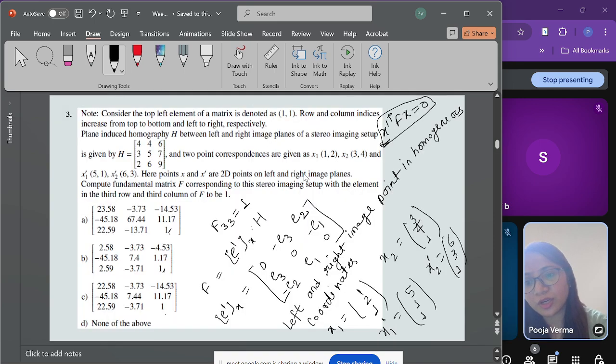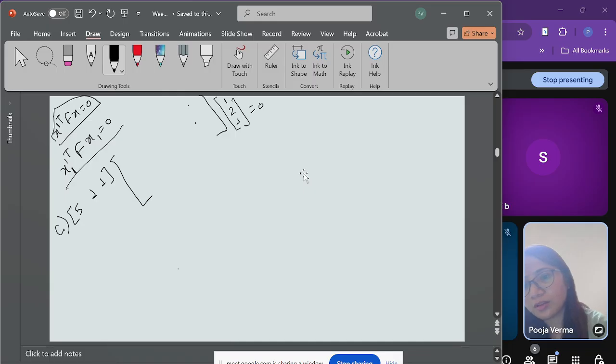Here it is given 22.58, minus 3.73, minus 14.53. I am writing all these values and calculating: 22.58, minus 3.73, minus 14.53. The next value is minus 45.18, 7.44, and the next one is 11.17. Here 22.59, minus 3.71 and 1.